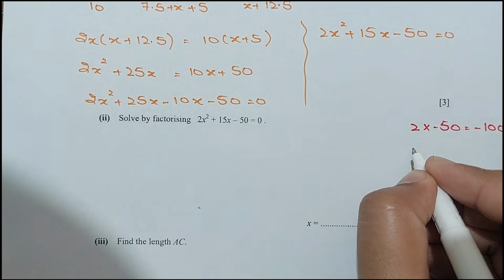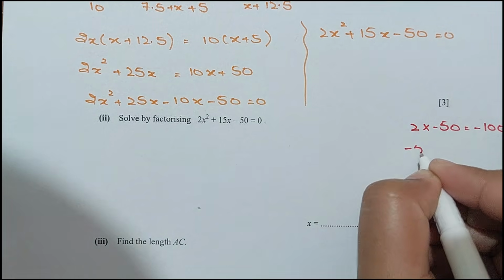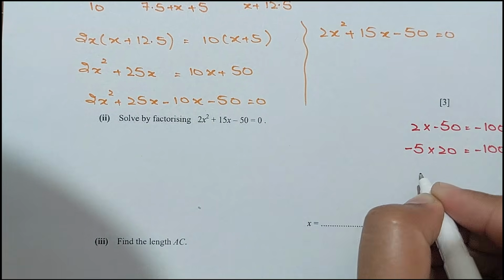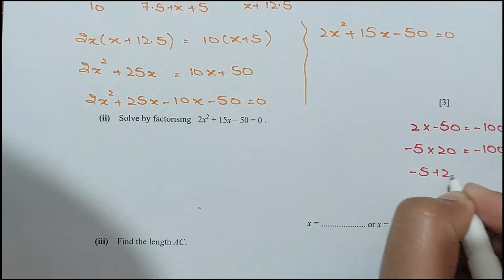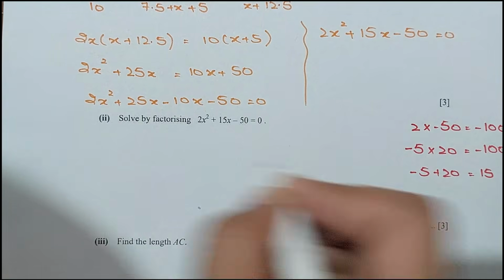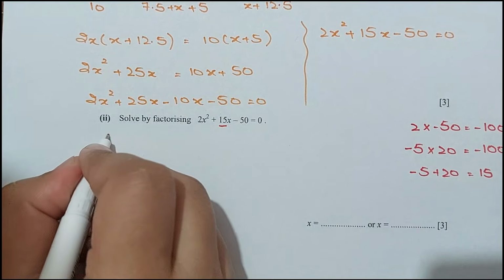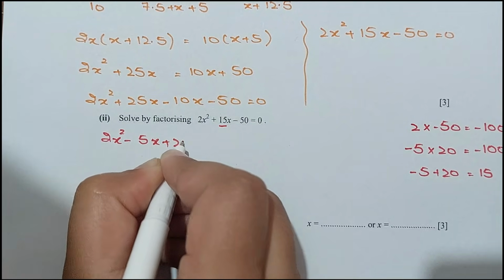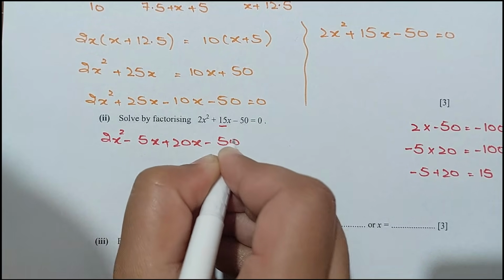Yes. Minus 5 times 20 is minus 100, and minus 5 plus 20 equals 15. We can break the middle term with 15. So 2x squared minus 5x plus 20x minus 50 equals 0.